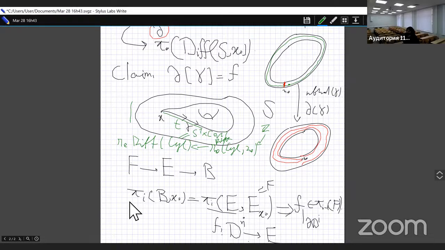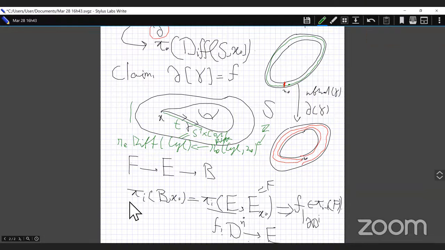And then you extend this to the whole cylinder. Exactly. That's fine. And then we want to see how this acts on other loops with the same base point.